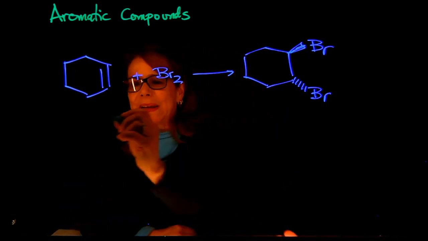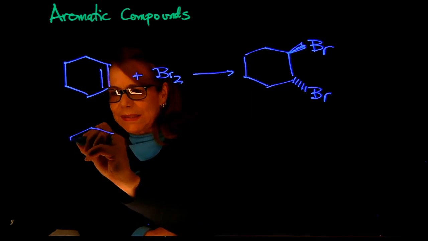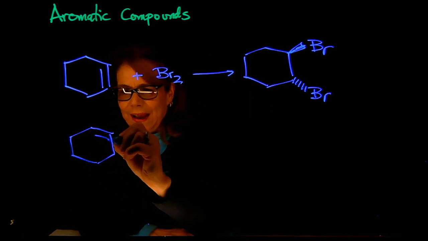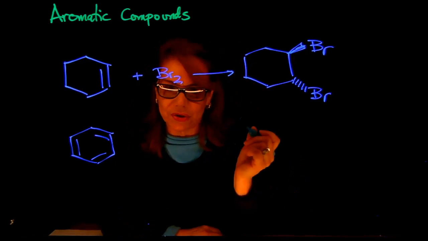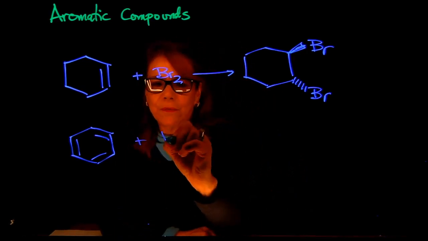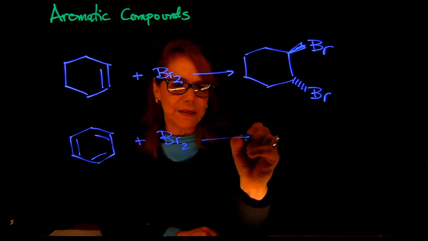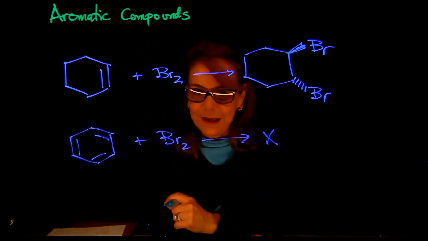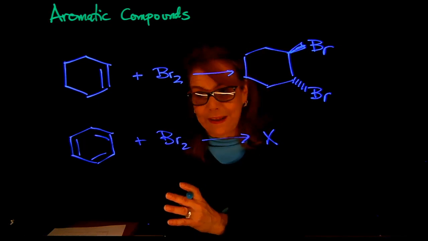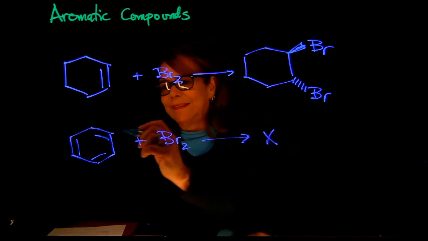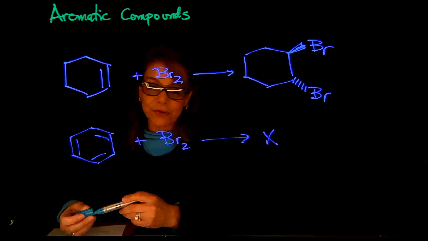Now, what happens is that if we put benzene under the same conditions, say that we do that in an organic solvent, such as carbon tetrachloride, then benzene will not react. So that means these double bonds behave in different ways, and we have seen that when we do resonance, we have electron delocalization.